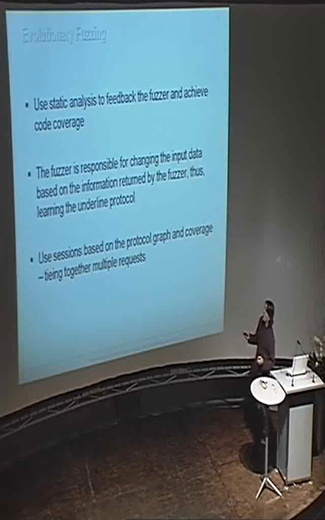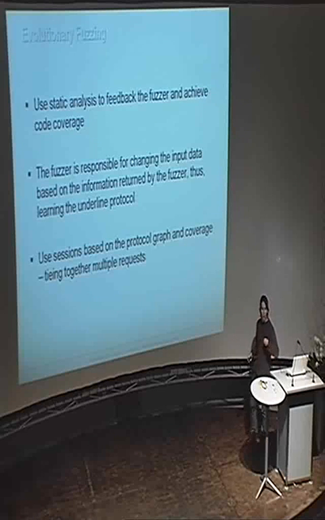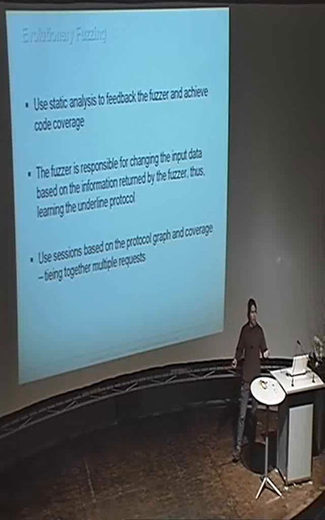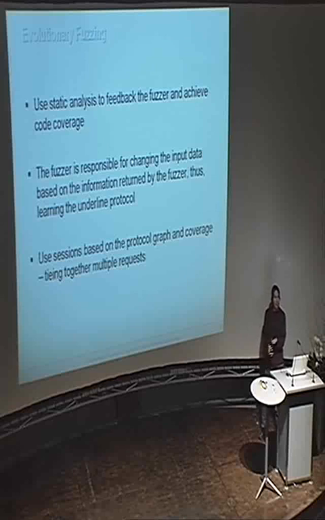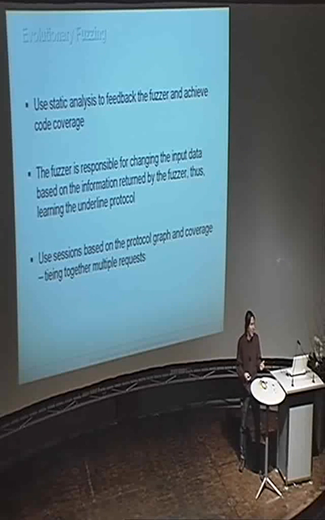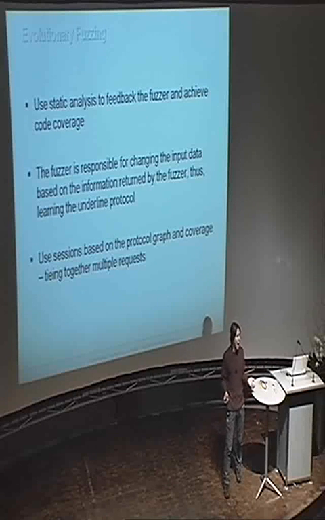So if we use this static analysis to really feed back the fuzzer and achieve this coverage, but coverage of the real pieces that we really want to cover, not the whole code. We don't want to cover the whole code. We just want to know where the bugs are. I don't care if there is a crash. Sorry, I really don't. It's not my problem, right? If the process is using more memory than it is supposed to, I really don't care.